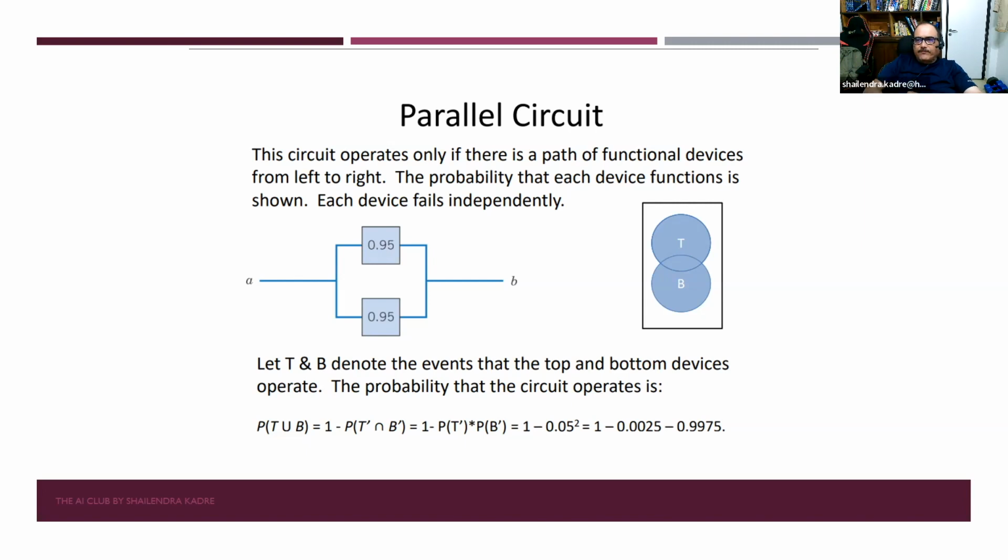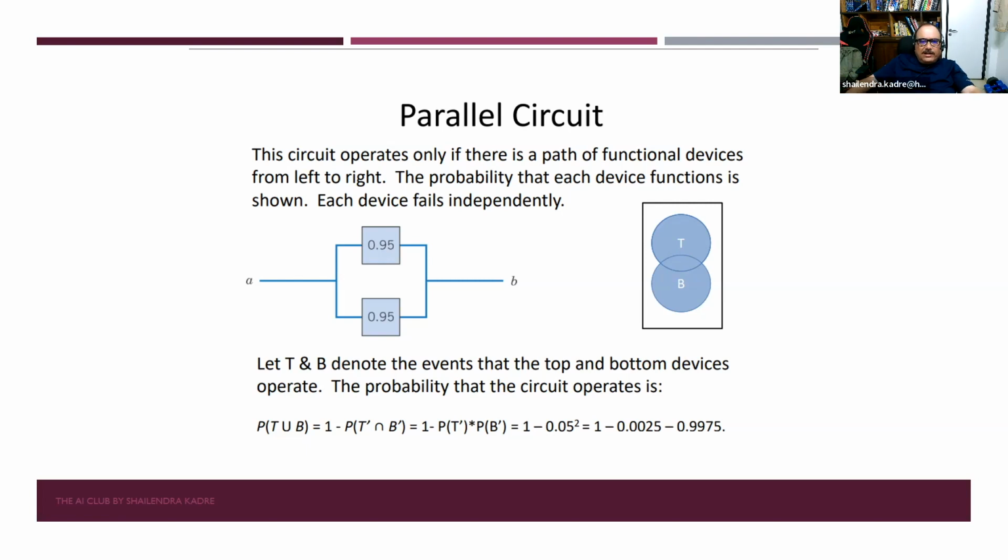Both the parts are the same. Now their circuit is in parallel. So find the reliability of the overall circuit, means find the probability that the overall circuit works. How much can I rely, 80%, 85%, 90%, 95%?